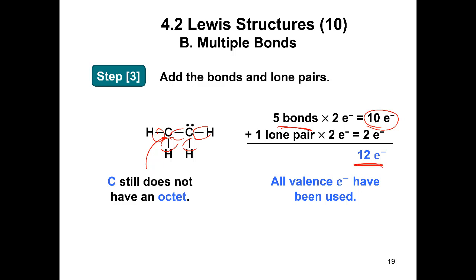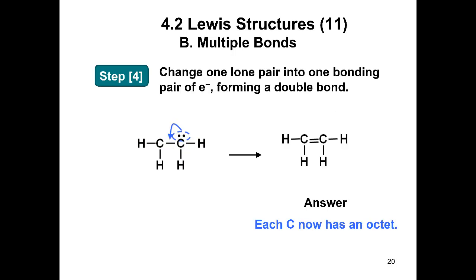Now, if I put those 2 electrons there, that would satisfy that carbon. But what about this one? It only has 6 electrons. So since carbon is not going to have a complete octet, I'm going to have to use those electrons to form a double bond so that both of them have an octet.